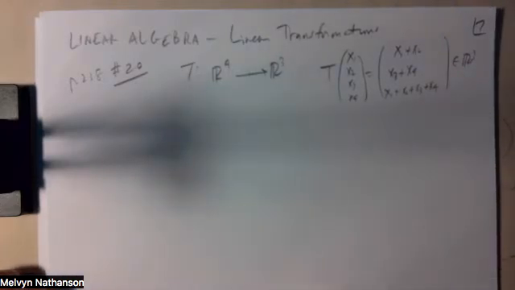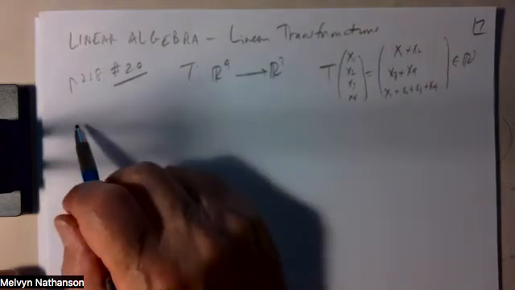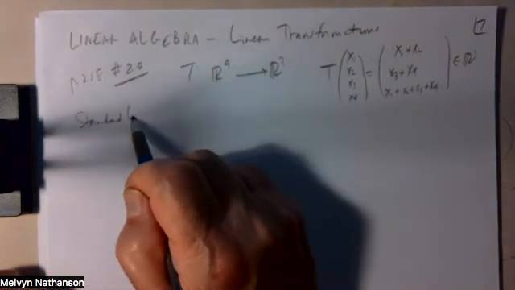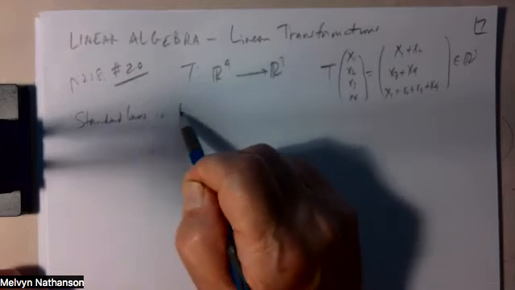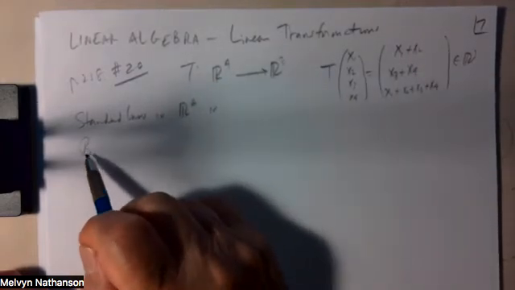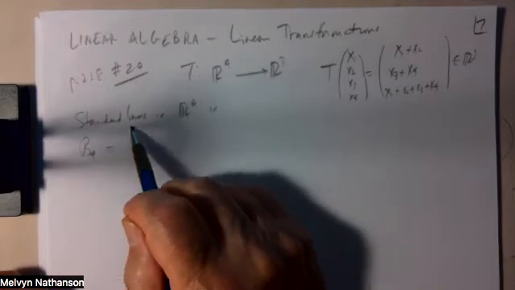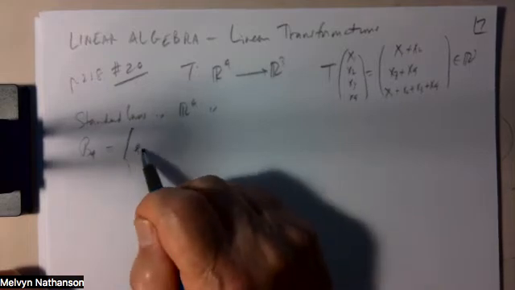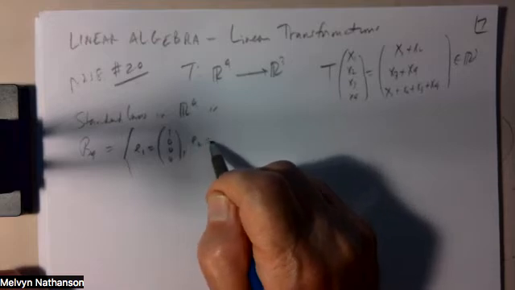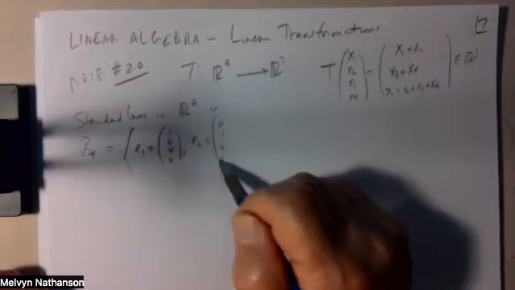And what is the matrix with respect to the standard basis? The standard basis in R4, I'll write it, say B sub 4, has 4 vectors. E1 is 1, 0, 0, 0. E2 is 0, 1, 0, 0.